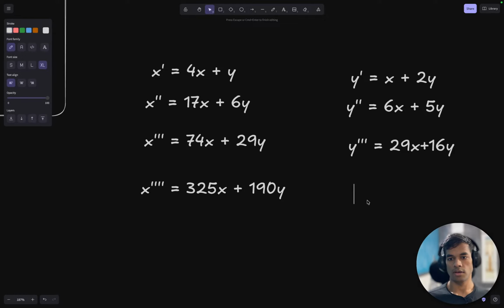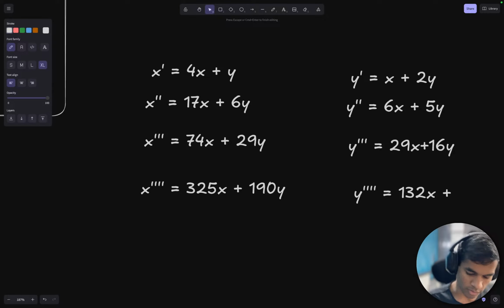Okay, and how many y will we have? y quadruple dash equals 258 plus 74, 32 plus 29, which is just 61y. Yes, that should be correct.